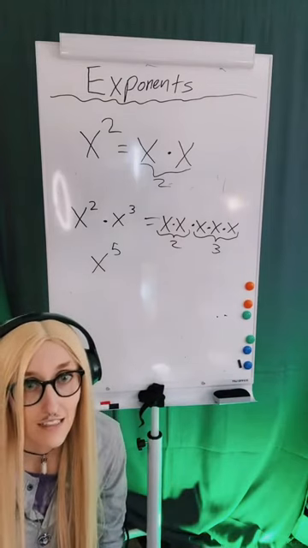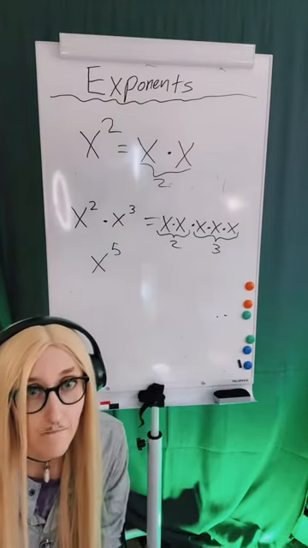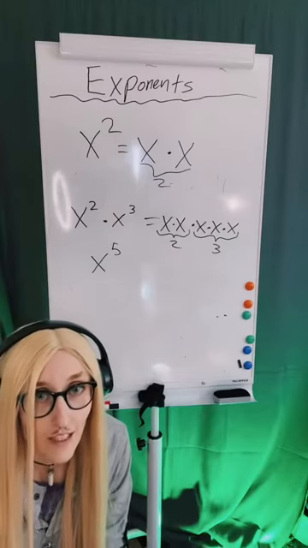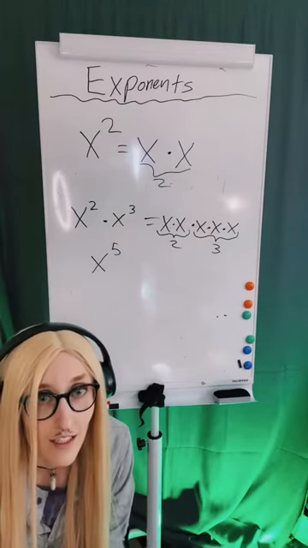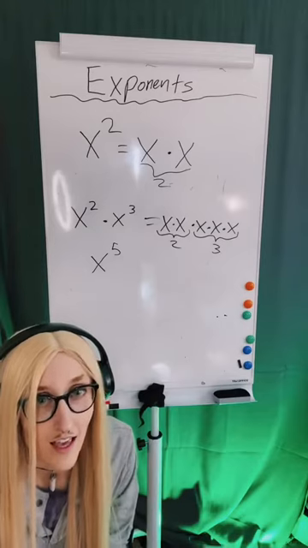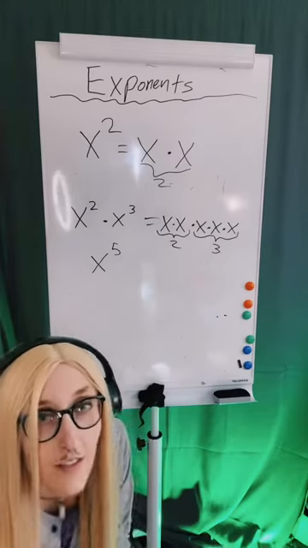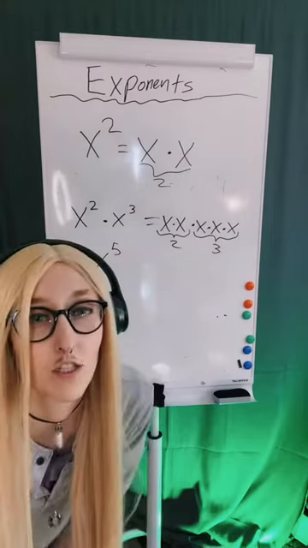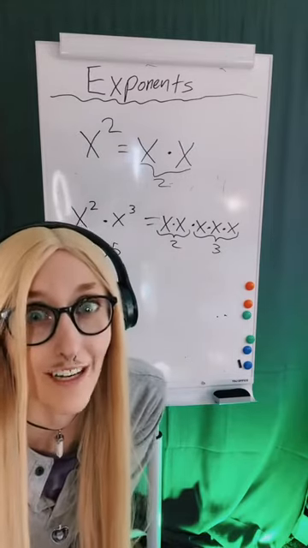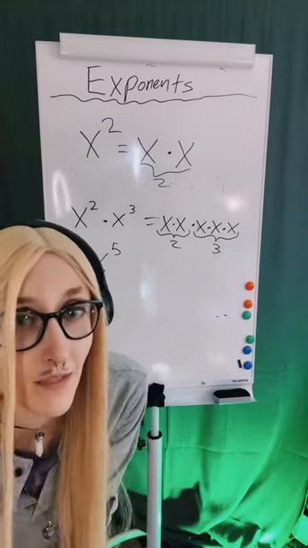That's my final answer, x to the 5th power. Now, here is a really quick rule for this, okay? Actually, no, I'm going to make you do another one and then I'll tell you the quick rule, okay? I'll keep it to myself just a bit longer.